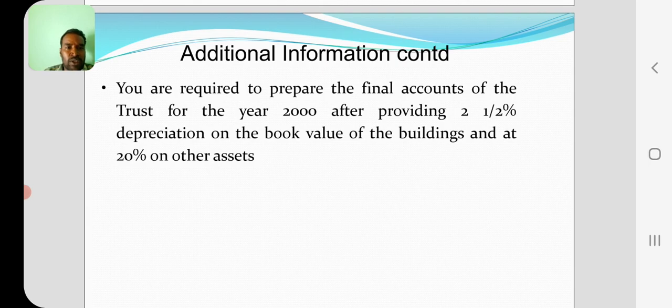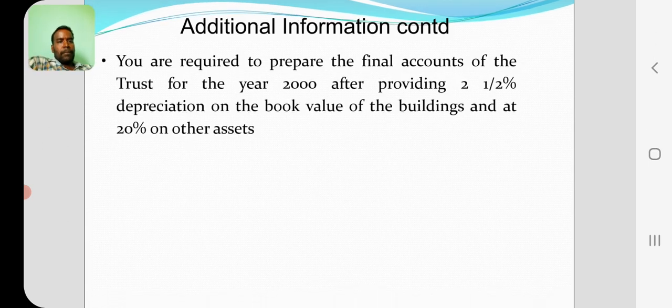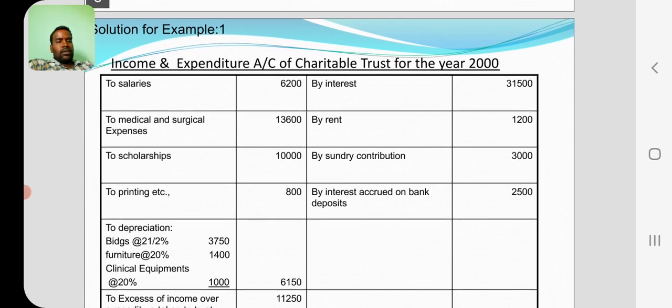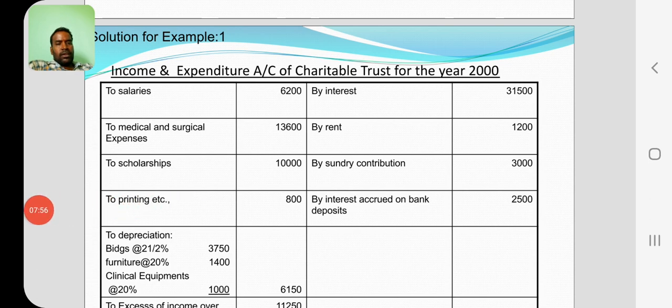We are required to prepare final accounts of the trust for the year 2000 after providing 2.5% depreciation on the book value of the buildings and 20% on the other assets. So with this information we have to prepare the income and expenditure account and the balance sheet.